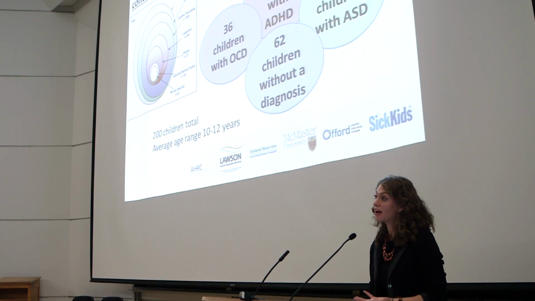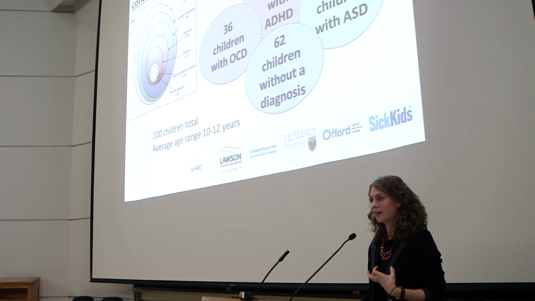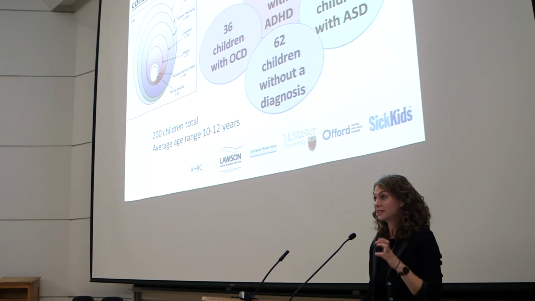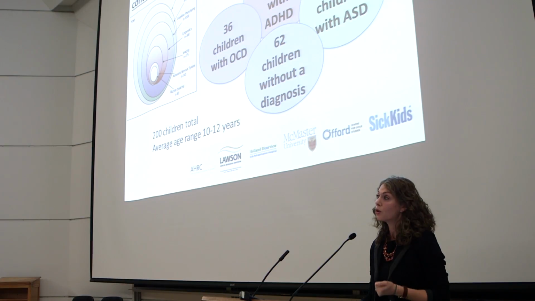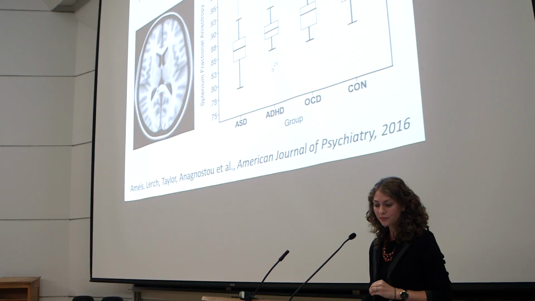And so the PON model is a really unique one where we now have data from 3 different types of disorders that affect children. So we just finished a study where we looked at 71 kids with autism, 31 kids with ADHD, and 36 kids with OCD, and we compared them to kids without a disorder.